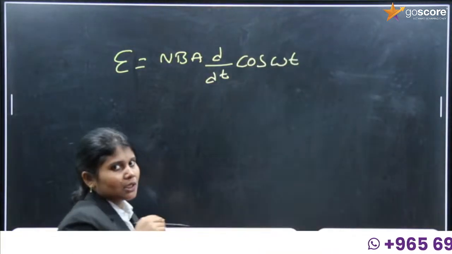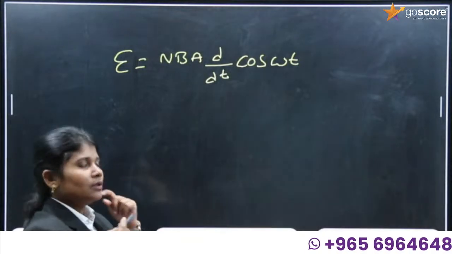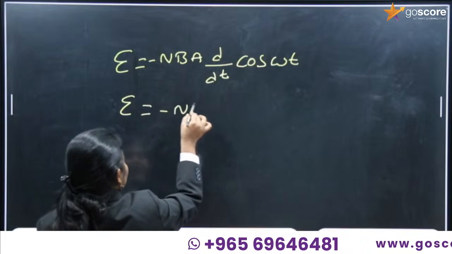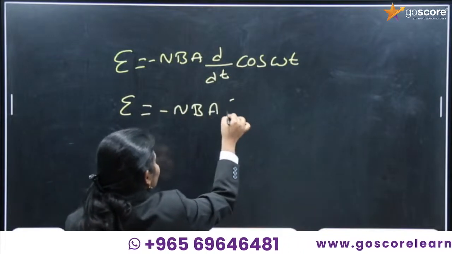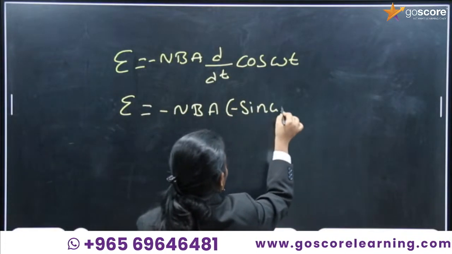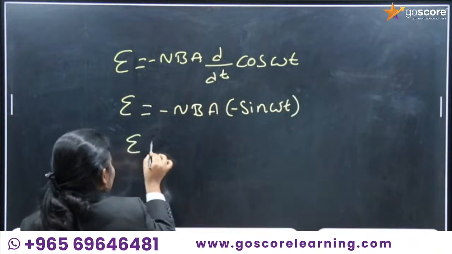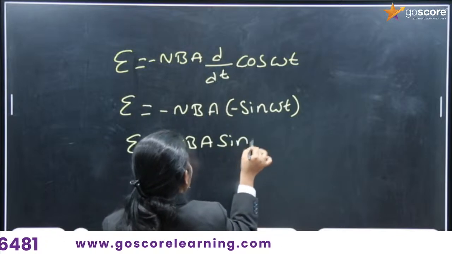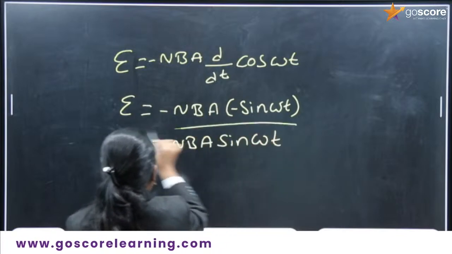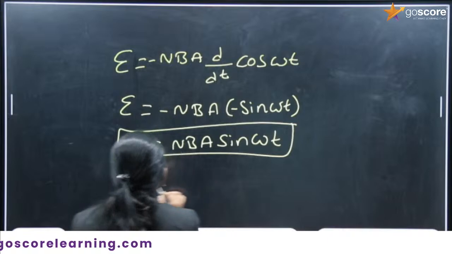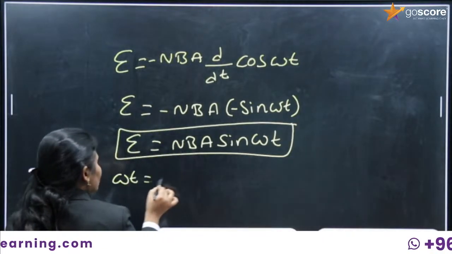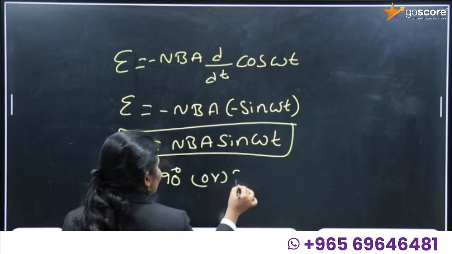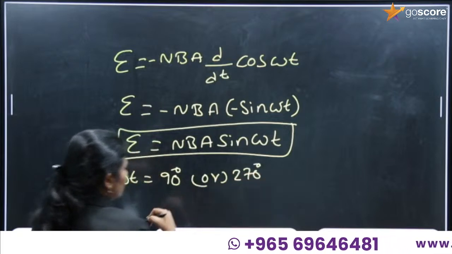The derivative of cos omega t is minus sin omega t, so E is equal to minus NBA, minus sin omega t. Then E is equal to NBA sin omega t. Here omega t is equal to 90 degrees or 270 degrees.